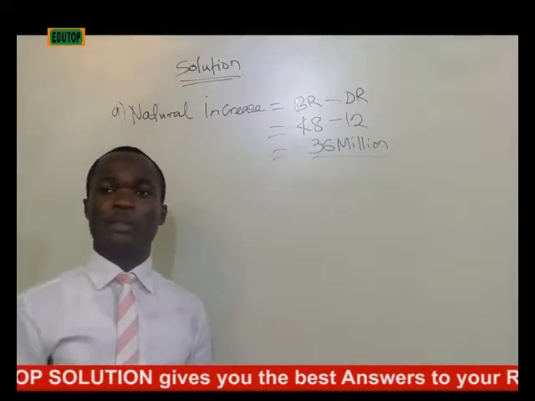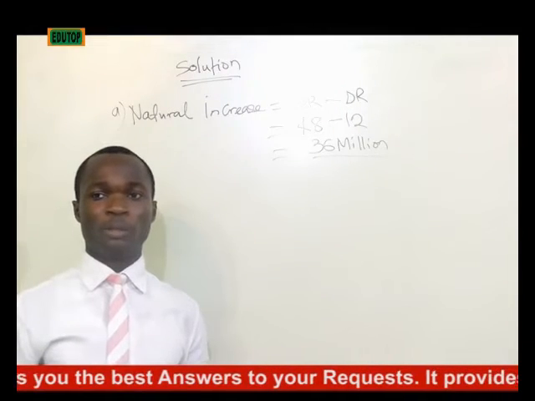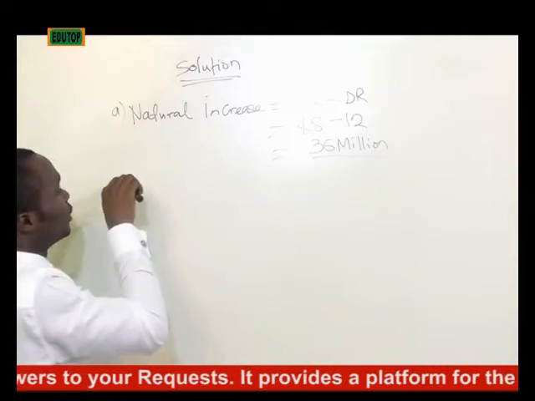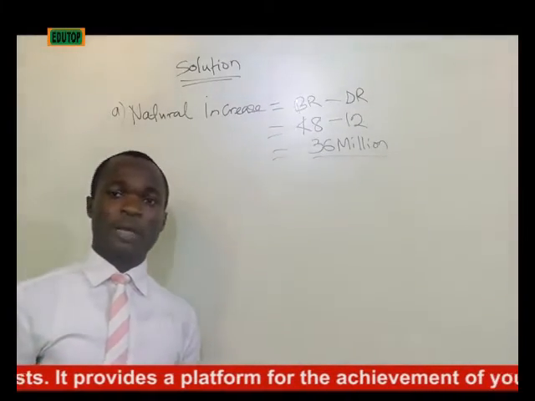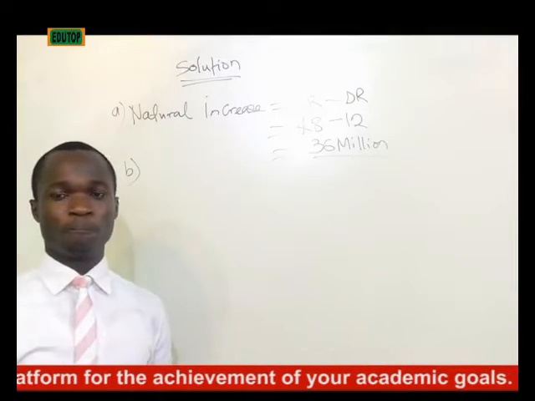That is the natural increase in a population in 1996. The next one says, calculate the net migration within the period.